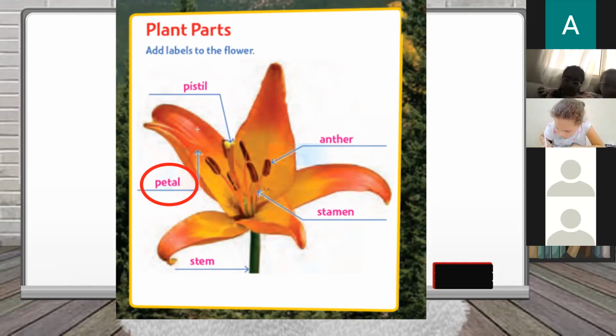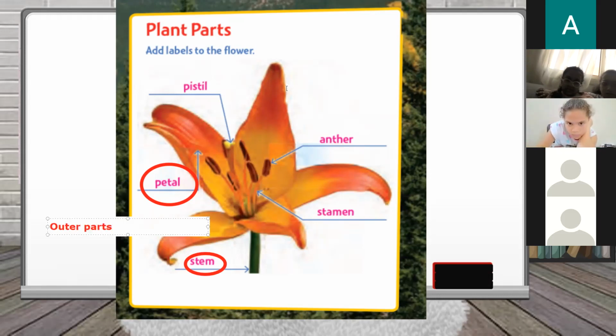A petal is outside. Also a stem, you can hold it with your hand. It is an outer part. So these two are outer parts.